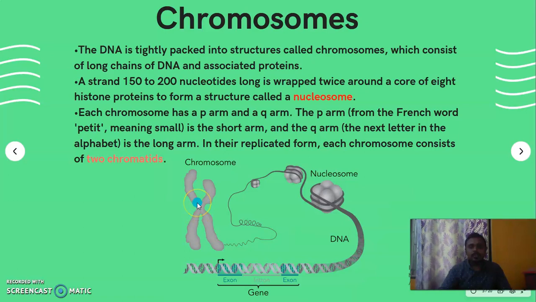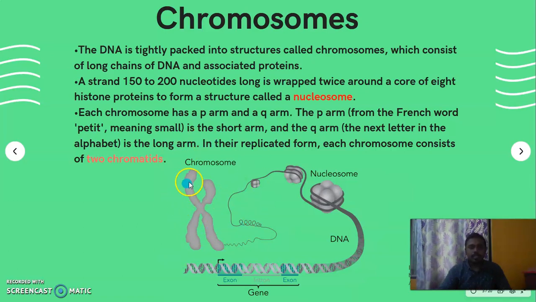In these chromosomes, we have 2 arms. One is called the P arm and another one is the Q arm. How could I find out which is the P arm and which is the Q arm? The term P arm came from a French word, petite, which means small. So the arm which is shorter compared with the other one, we refer to as the P arm.